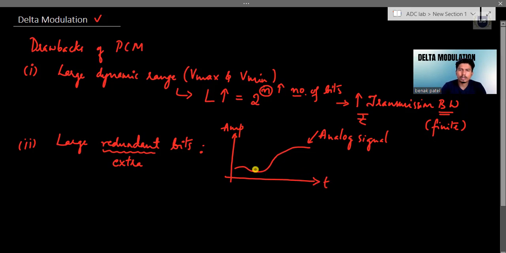Let's assume that I sample it at equal intervals of time. Let these be TS, 2TS, 3TS, 4TS and 5TS, and let the sample values over these time intervals be these values.